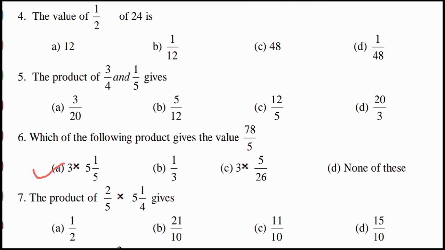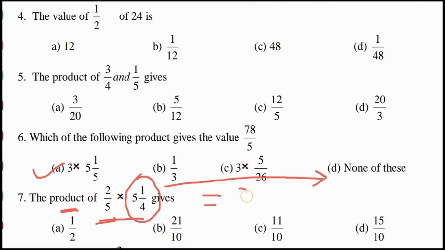Now question number 7. The product of 2 upon 5 multiplied by 5 integer 1 upon 4 gives. First of all, we have to do multiplication of both. Here we convert this mixed fraction into improper fraction form.